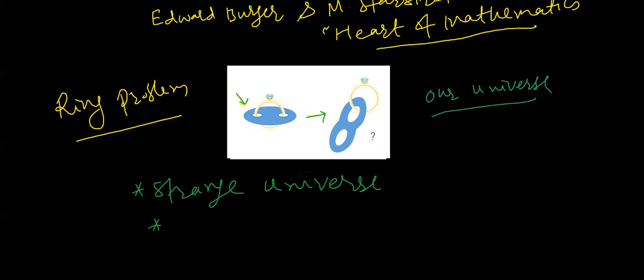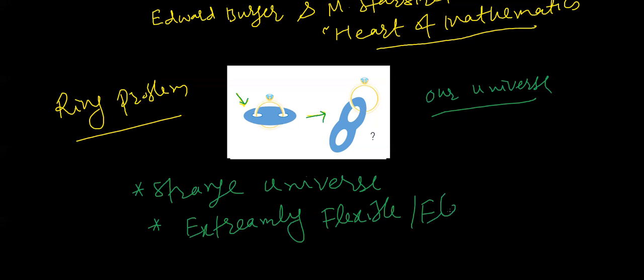So assume that this blue paper napkin is made of extremely flexible, elastic material, maybe rubber or something like that.